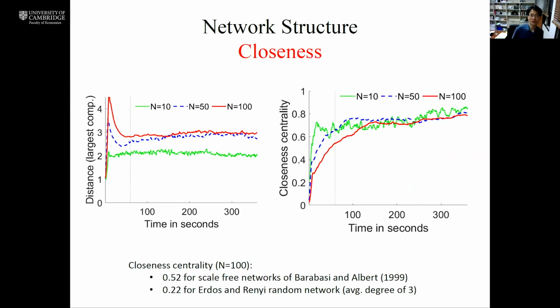Now, in terms of closeness, we look at the distance in the largest component, and the average distance is either 2 or 3, and the closeness centrality is between 0.7 and 0.8 in all group sizes. This is the closeness centrality relative to the star network. Now, you might ask what this number means.